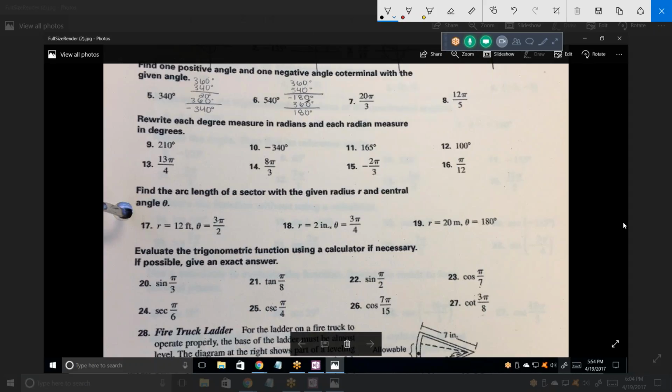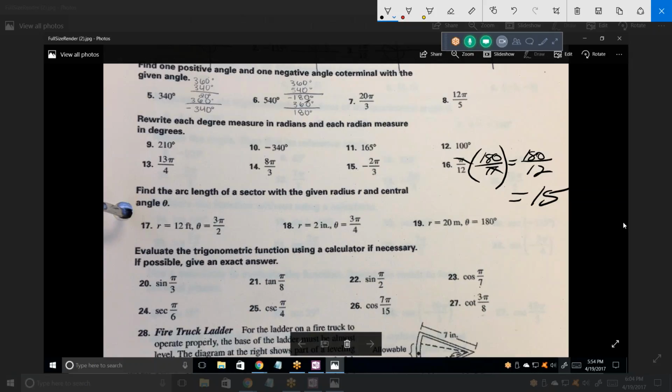It might just be better to always use the official conversion factor here. Notice it gives you the same thing. The pi's cancel, and I'm left with 180 divided by 12. Well, that's what we did, 180 divided by 12. That's how we came up with our 15 degrees in the first place.